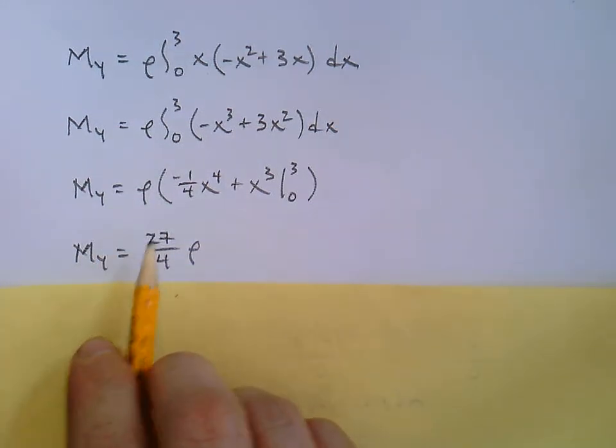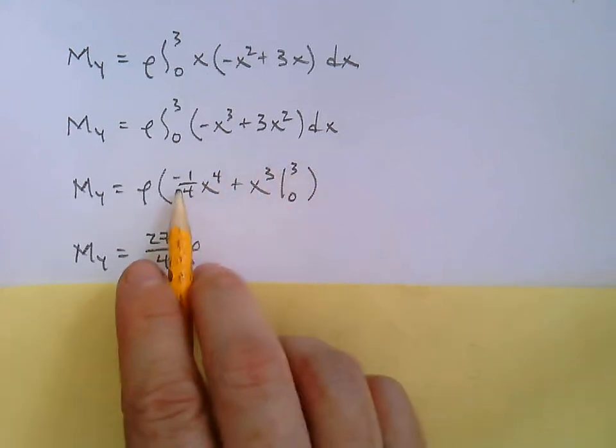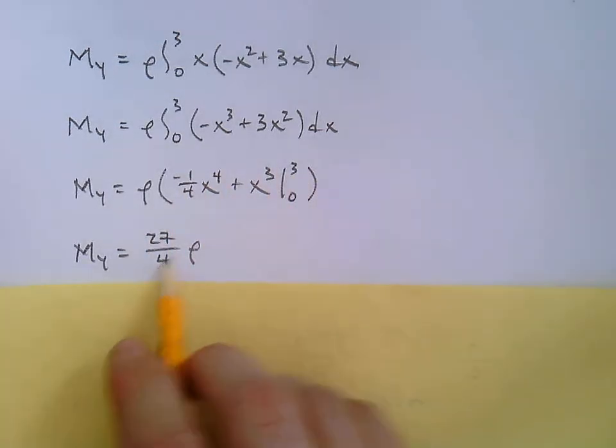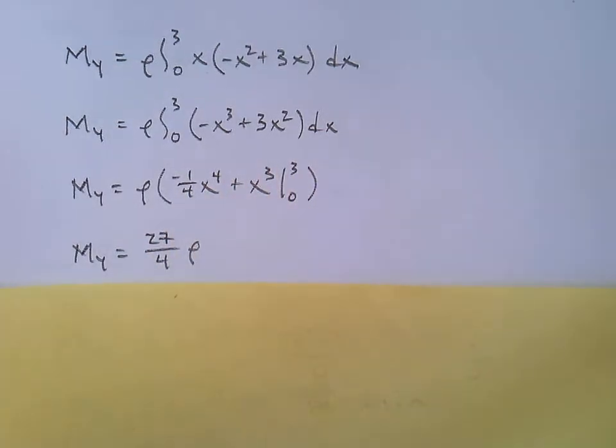And then cleaning that up, turns out when you plug in the 3, you get 27 over 4. Plugging in the 0, of course, 0. So My is 27 over 4 rho.